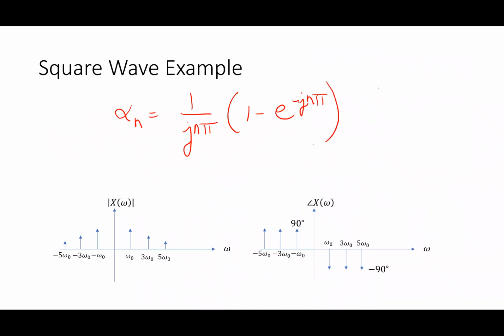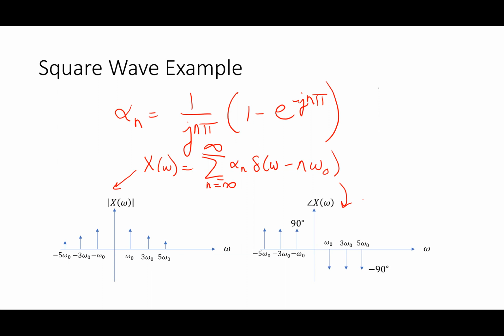If I have that, then my X of omega would be, I basically plug those in for all possible values of n, alpha n delta of omega minus n omega naught. Plug those in and make the two graphs. I put the magnitude of it and I put the angle of it.